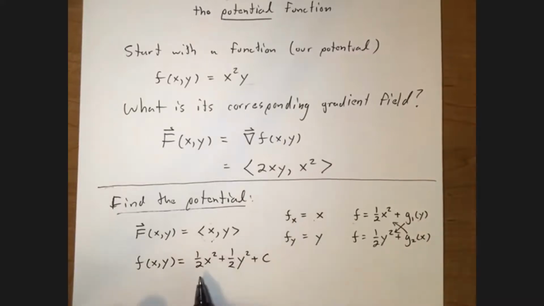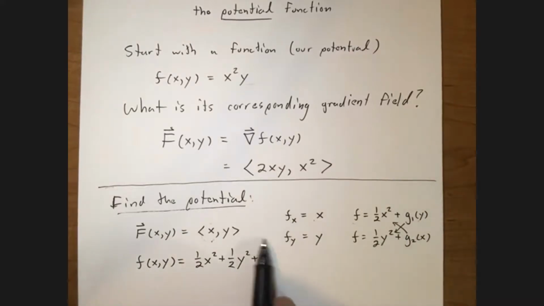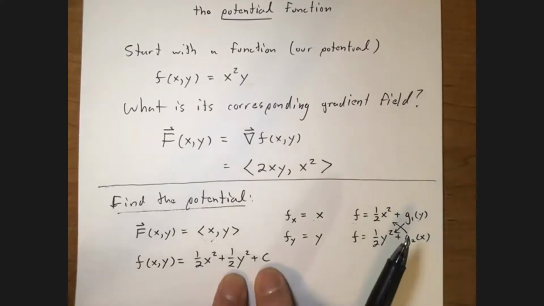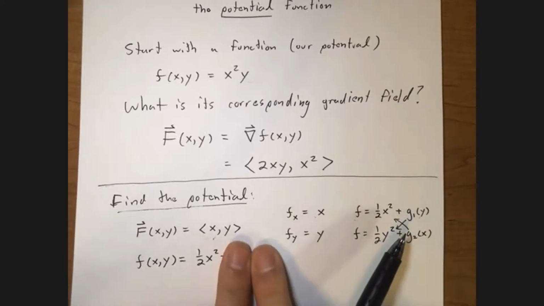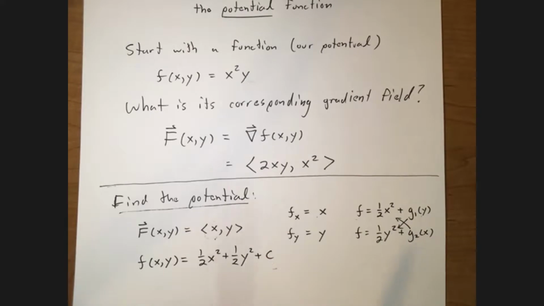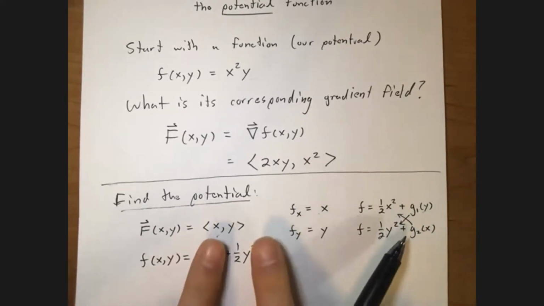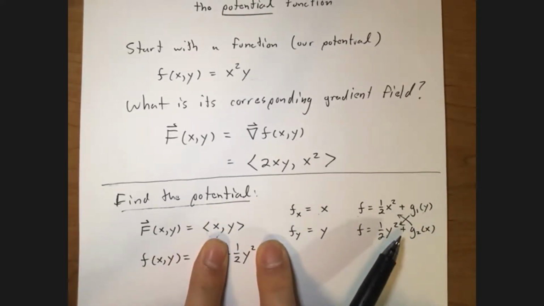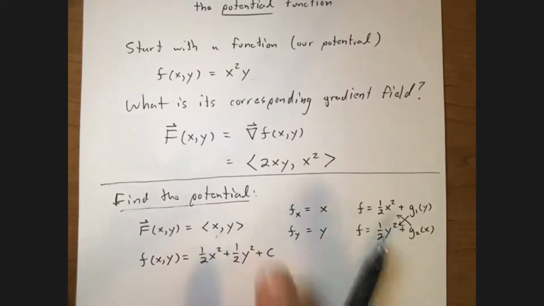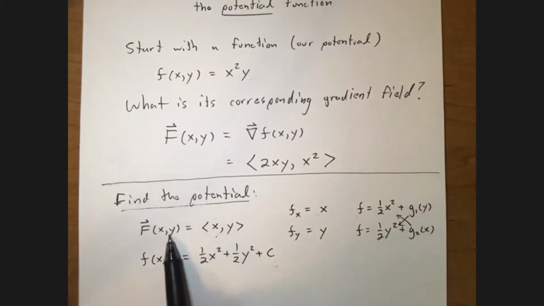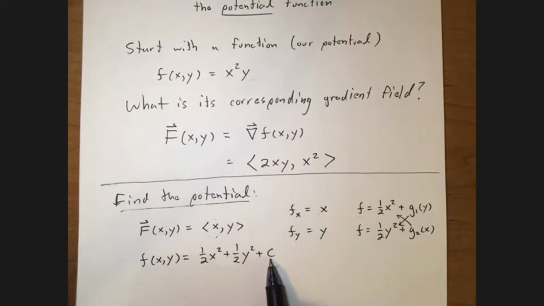If you check it, take the gradient: the derivative with respect to x, the constant stuff is gone, and the derivative of that is x. And when you differentiate with respect to y, the constant stuff is gone, so the derivative is just y. So we really do get this. This vector field is the gradient of this function. And there's more than one potential, because I can add any constant I want, and it'll still be a potential.